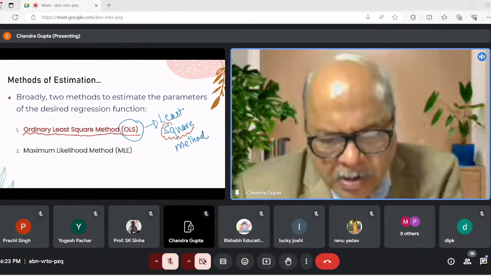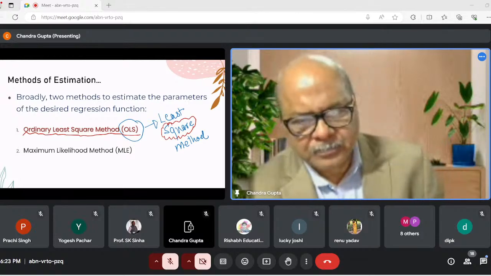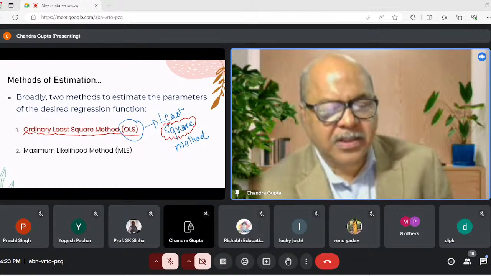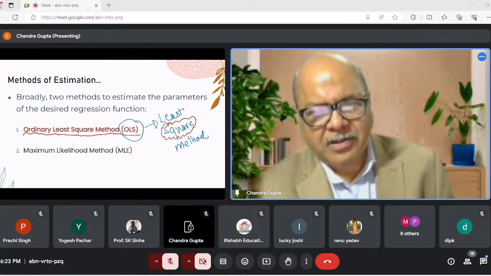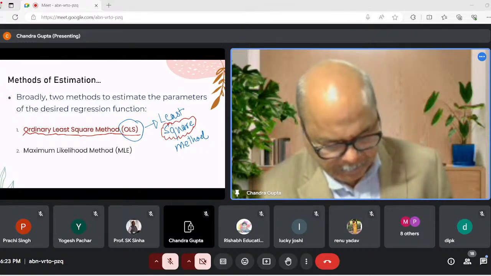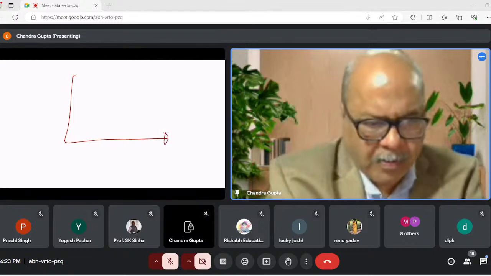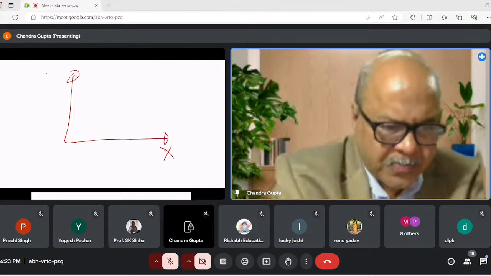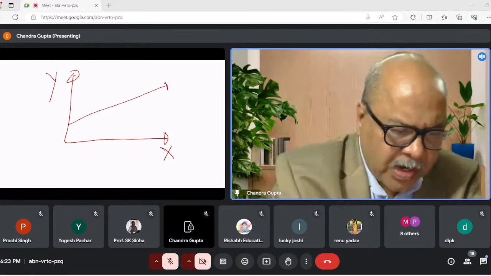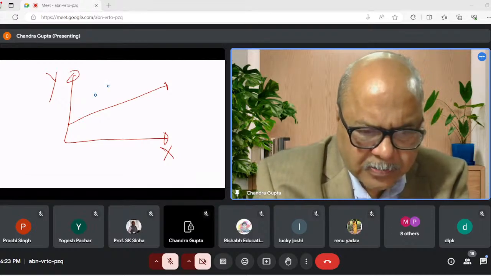Whose square are we talking about, which should be minimum? We are minimizing the square of what? This is x, this is y. This is your regression equation, the fitted line. And these are my actual points.